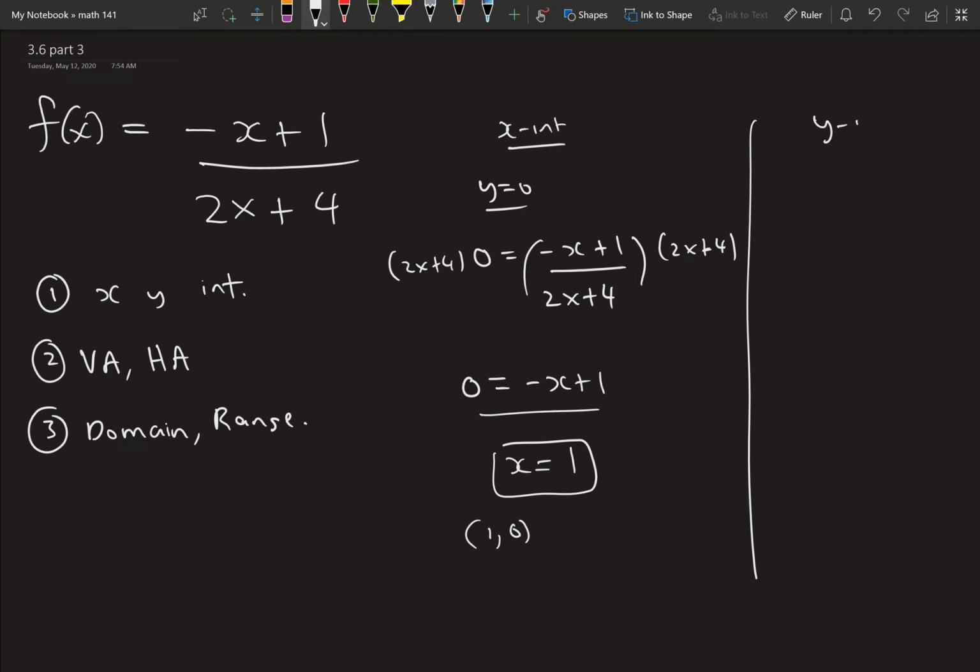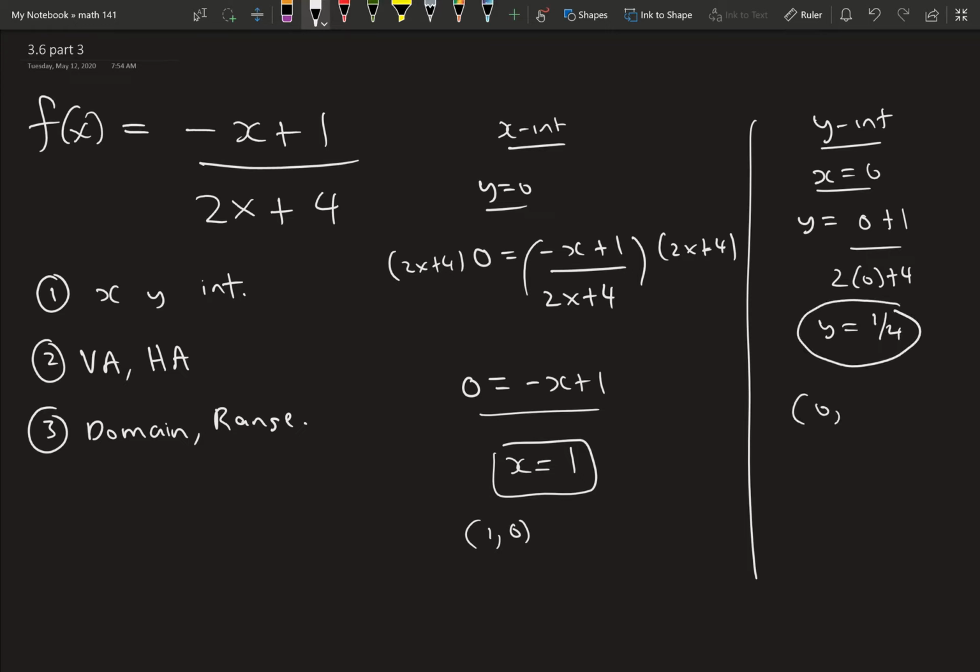Then we go to the y-intercept, where we set x to be 0. So y equals 0 plus 1 over 2 times 0 plus 4. And we get y is equal to a fourth. So we have the point (0, 1/4) from that.